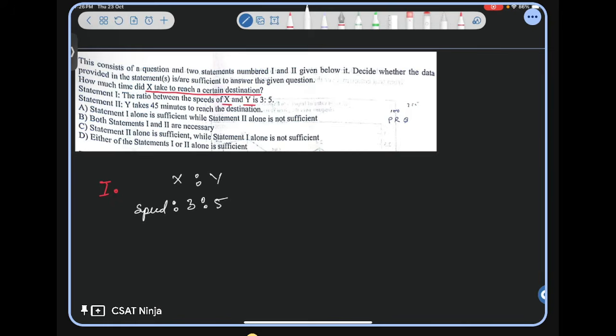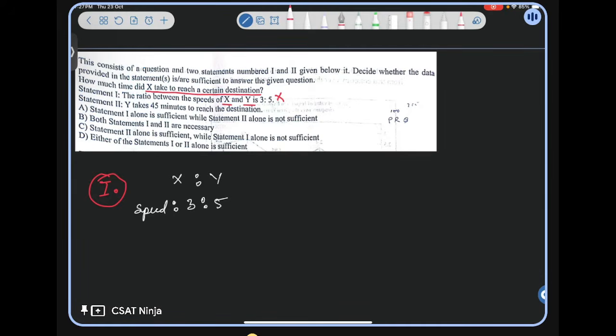And what is asked? How much time did X take to reach the destination? Using statement number 1, I cannot say how long X took, because statement number 1 says only the speed of X and Y. There's no mention of how long it took. So statement number 1 alone is not sufficient.